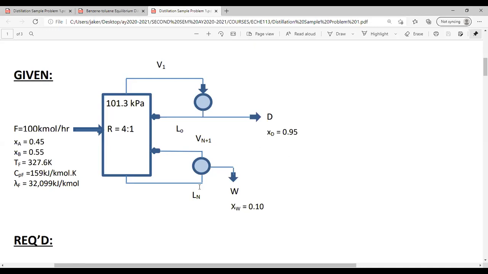So the purpose of your reflux liquid, the purpose of your Lo, is to enhance the purity of the distillate. Did I answer your question?